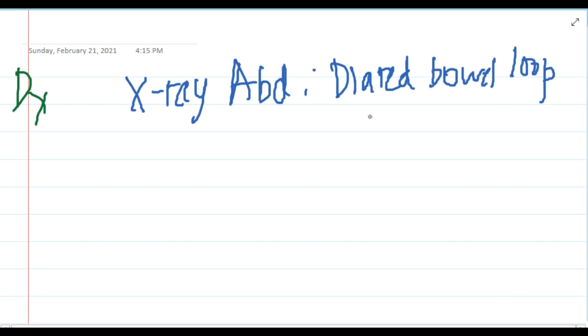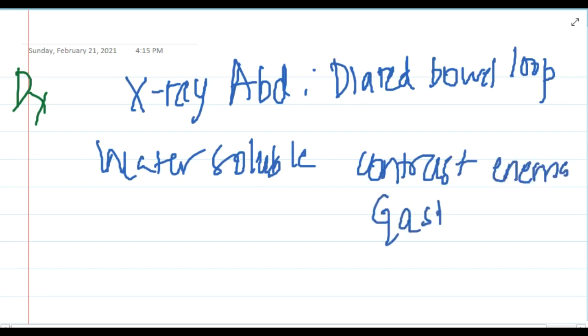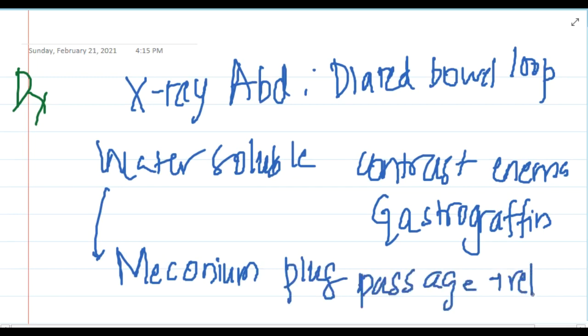The investigation which is both diagnostic and therapeutic is water soluble contrast enema, and the contrast used here is gastrografin. Once you give this enema, the Meconium plug will pass through the stools, and this will relieve the obstruction. So this is about Meconium plug syndrome.